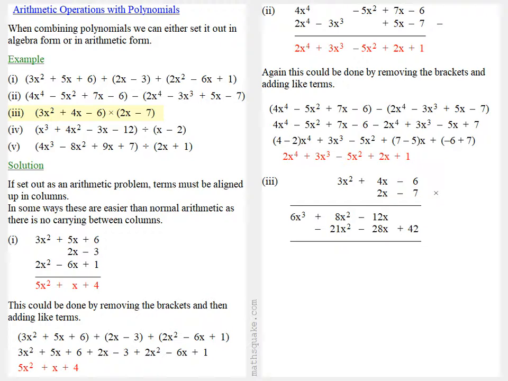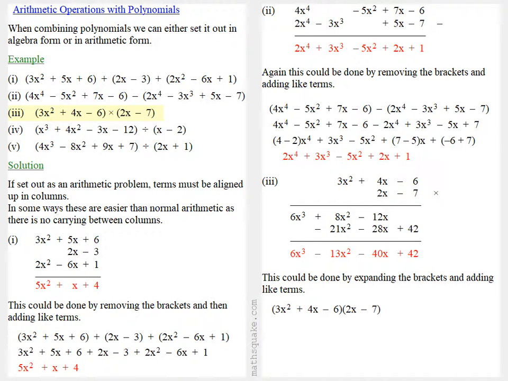Now we add the columns, and since we're not carrying, we can start at either end. So starting at the left hand side, we've got 6x cubed plus, and then it's 8x squared minus 21x squared, which is minus 13x squared. Then minus 12x plus minus 28x, which is minus 40x. And finally plus 42. Now this could be done by expanding the brackets and adding like terms.